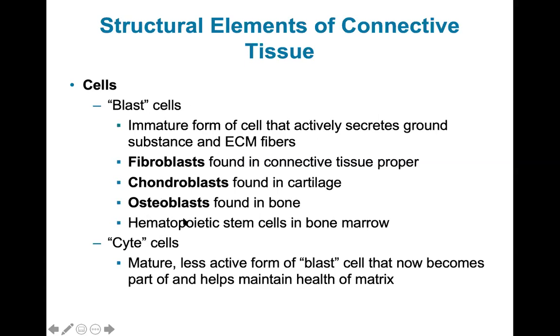All of these cell types actually derive from what we call the hematopoietic stem cells, okay? And the hematopoietic stem cells are what give rise to the blood cells, the leukocytes, the erythrocytes, and the platelets. When you see the term cyte, that is actually a mature, less active form of the blast cell that now becomes part of and helps to maintain the health of the matrix.